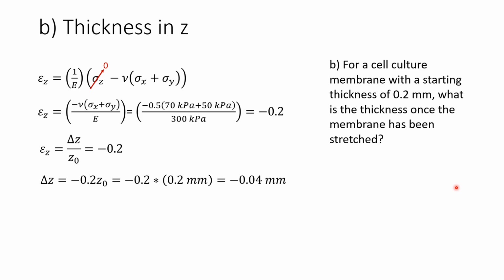However, we're still not done because it asks for the thickness, not the change in thickness. So finally, we can calculate our thickness in the z direction as being the initial thickness plus the change in thickness, giving us 0.16 millimeters. So the membrane, as we stretch it, changes from 0.2 to 0.16 millimeters.